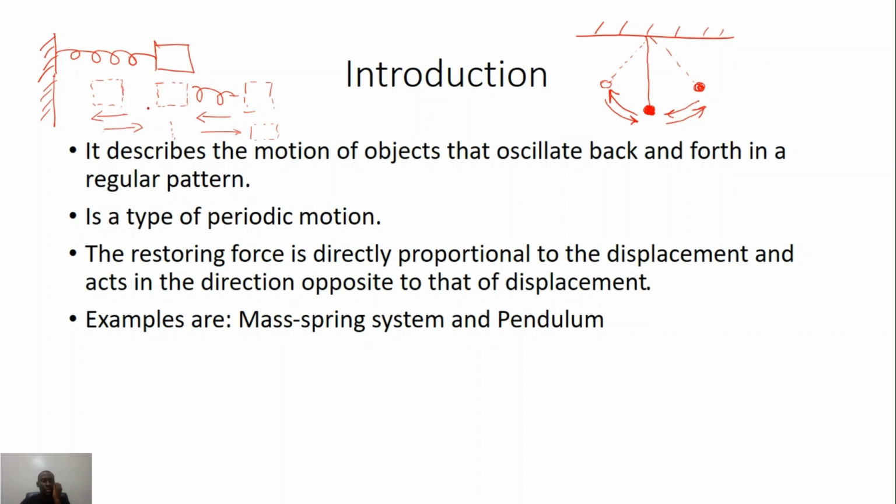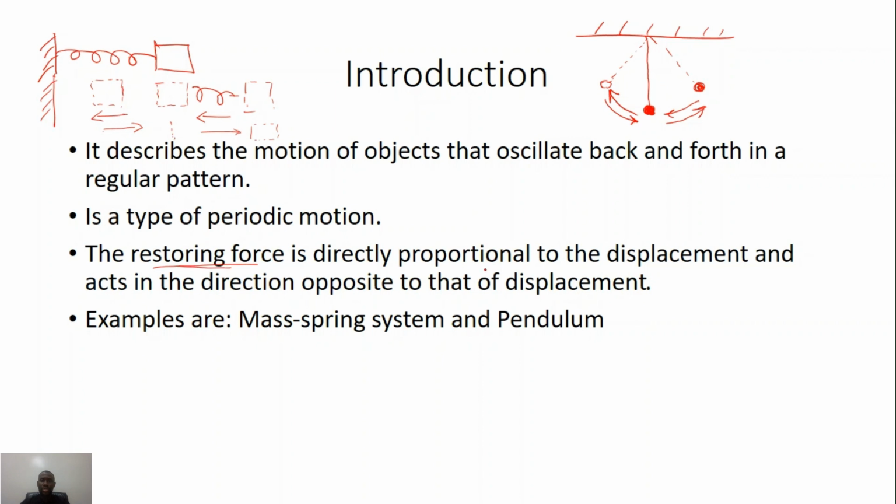If there is no external force acting on this body, it continues to oscillate till eternity. And here also, if there is no external resistance, it will continue to move like that. Okay.